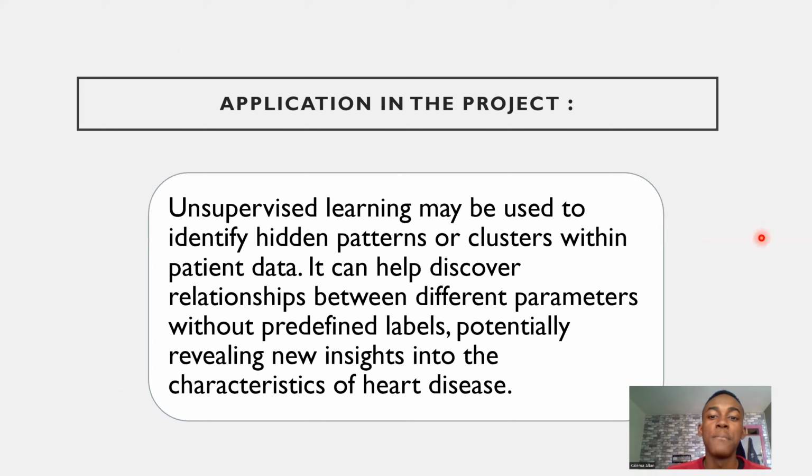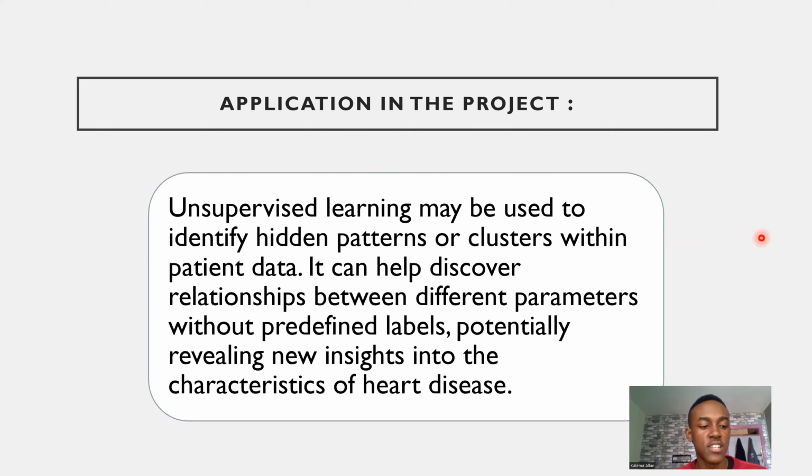So, application of that in our project. Unsupervised learning may be used to identify hidden patterns or clusters within patients' data. It can help discover relationships between parameters without predefined labels. Remember, I mentioned what labels are. So potentially revealing new insights into the characteristics of heart disease.